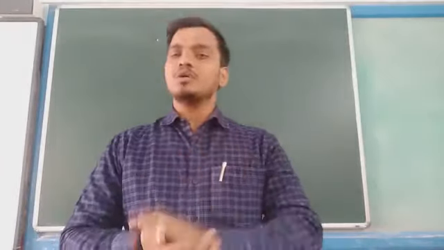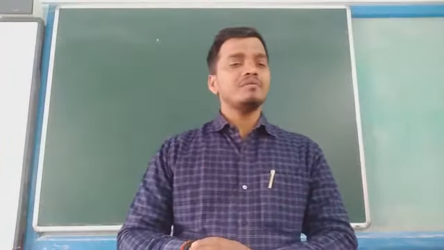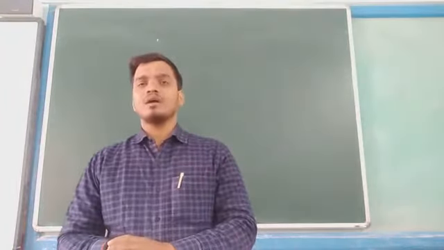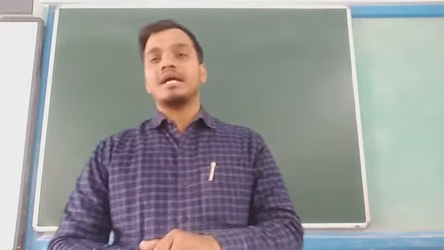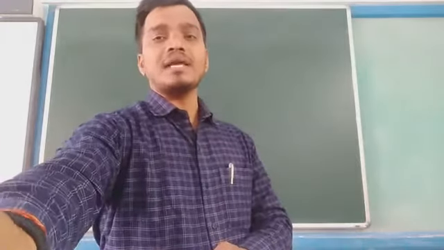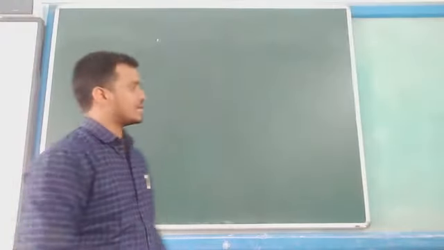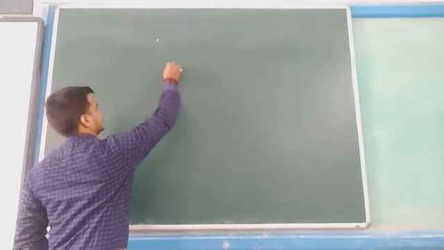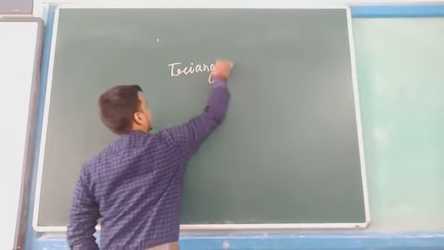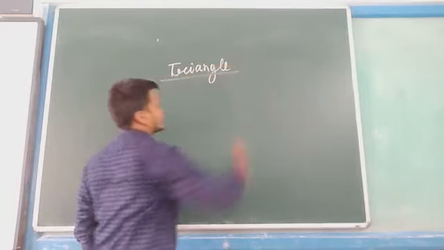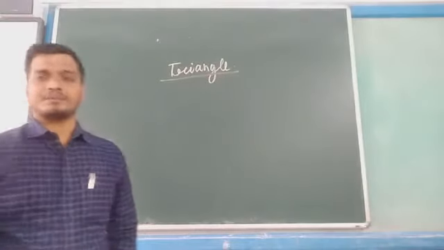Now today we are going to start a very common topic of mathematics, that is triangle. Its name is only written as triangle. Triangle means a type of figure which contains three angles.